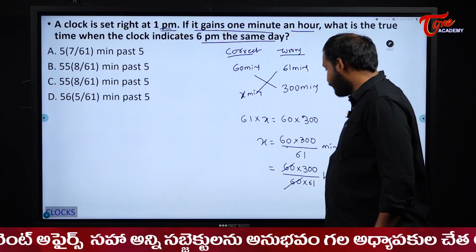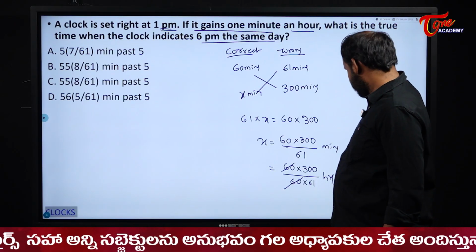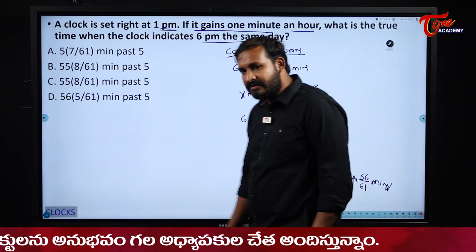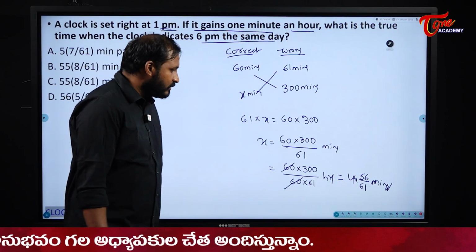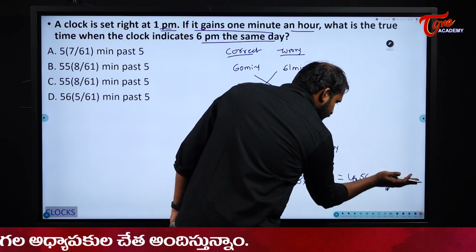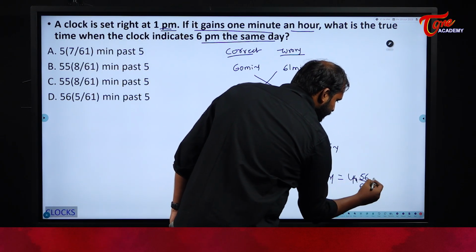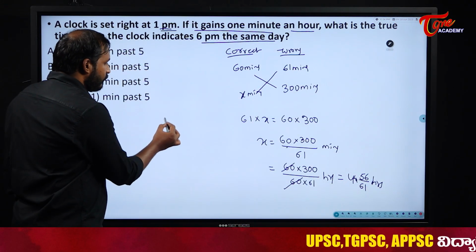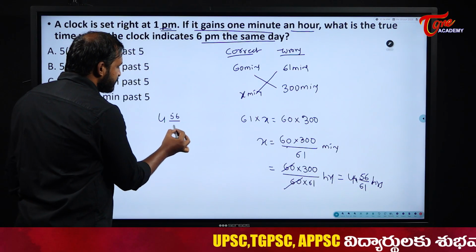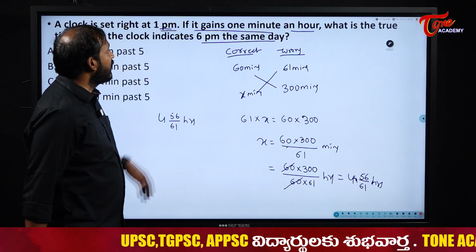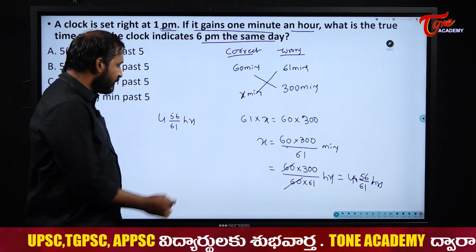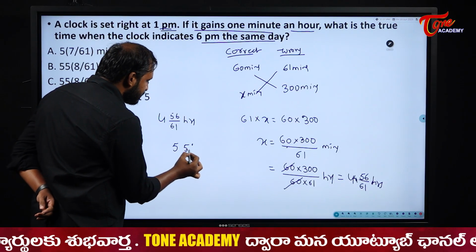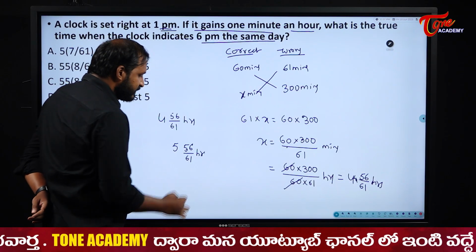So what will be the true time? I need to add it to 1 p.m., so my answer will become 5 o'clock, 56 by 61 hours.